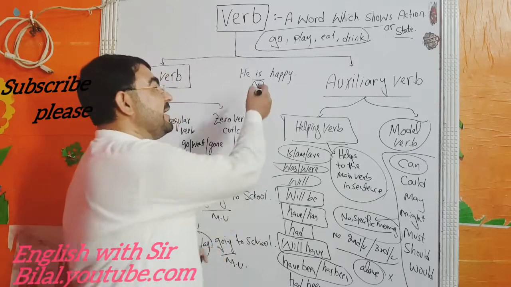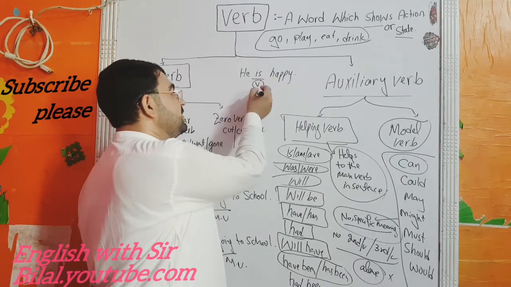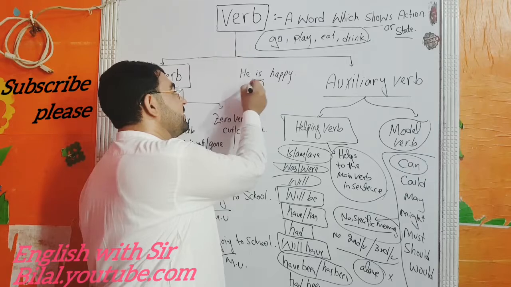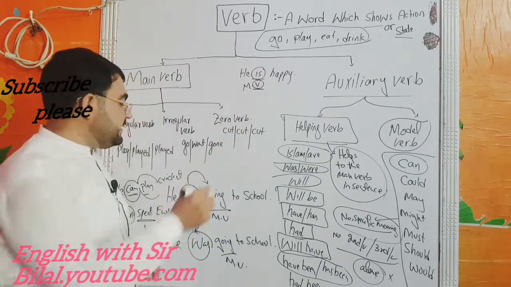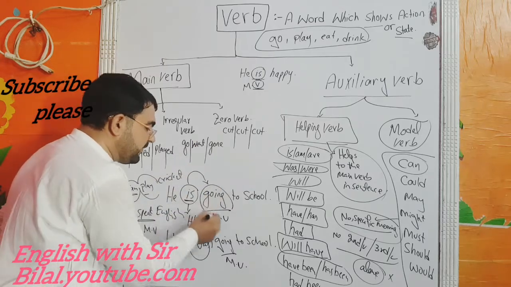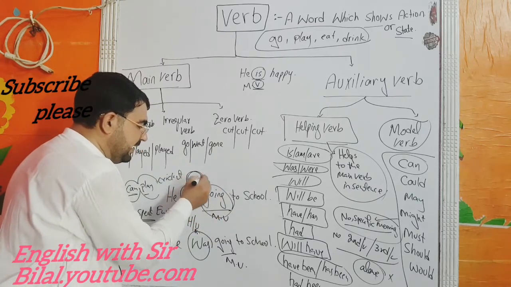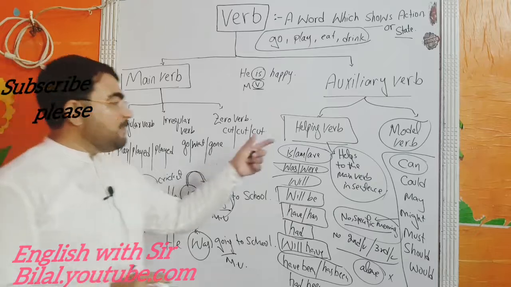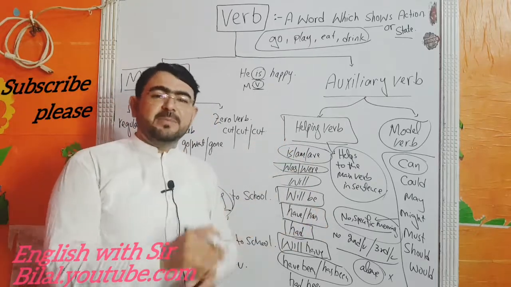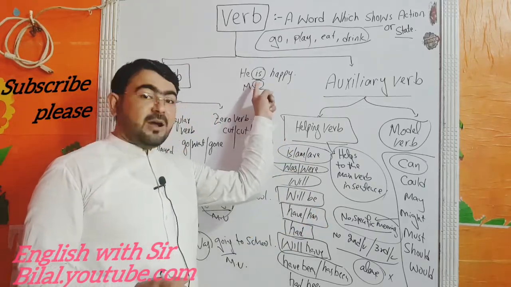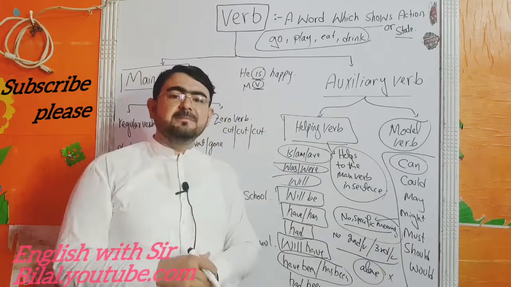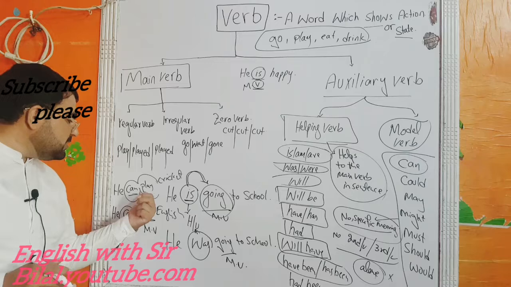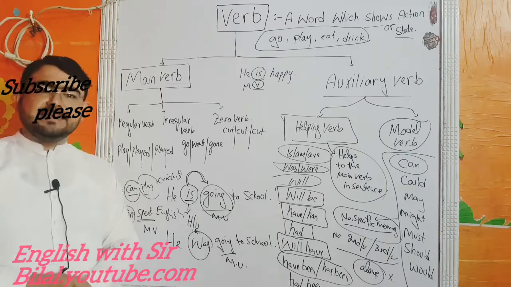Why? Because there is no action verb. So when there is no action verb, the helping verb will become a main verb. So helping verbs can become a main verb in the sentence, and they can come alone in the sentence without another verb. But a modal verb cannot come alone in the sentence. There must be the first form of a verb in the sentence.